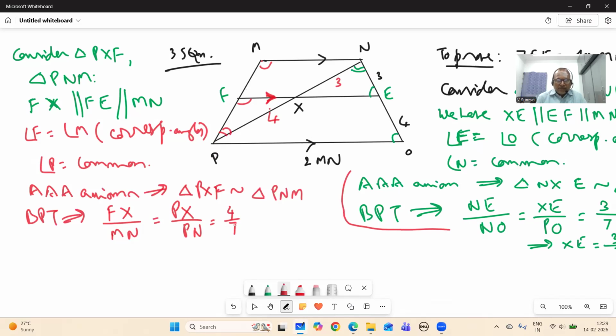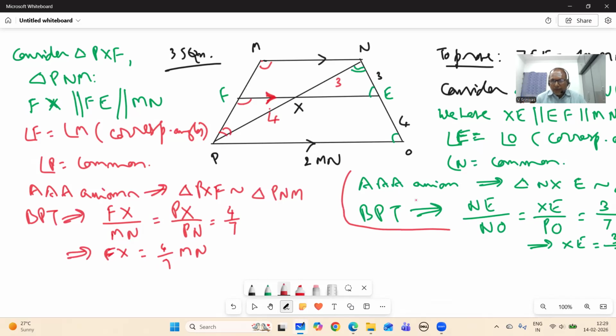So it is 4 by 7. So from here we can calculate FX. This implies FX is equal to 4 by 7 into MN. So we have got FX in terms of MN.